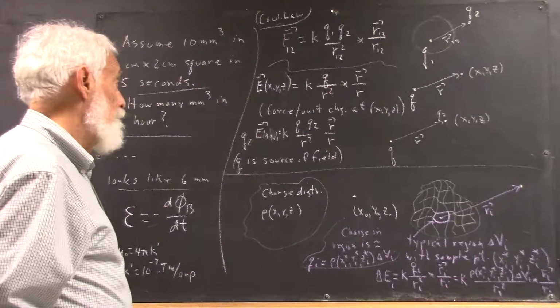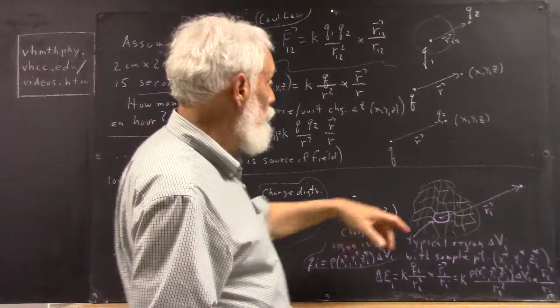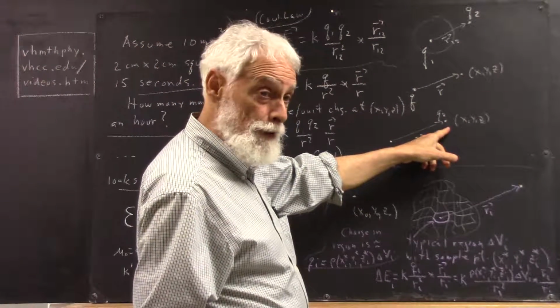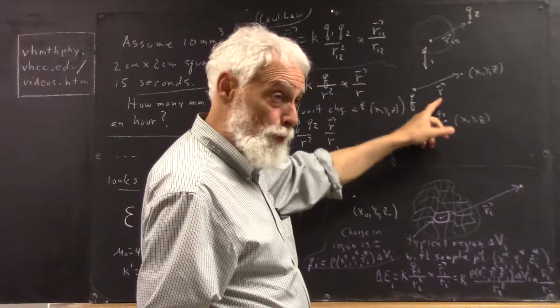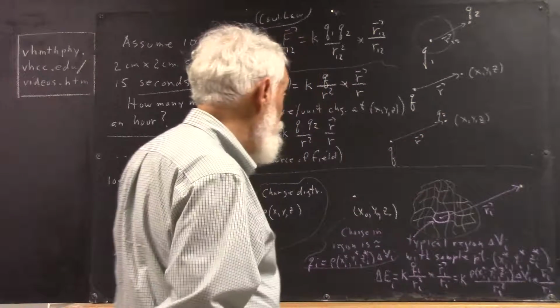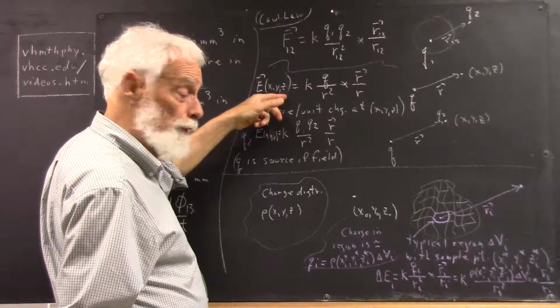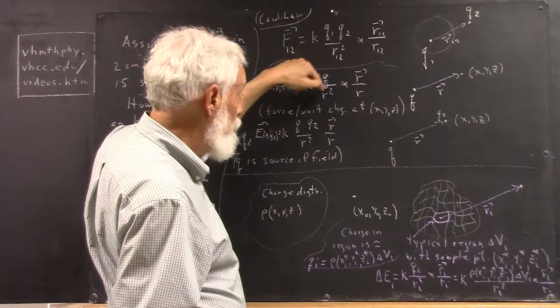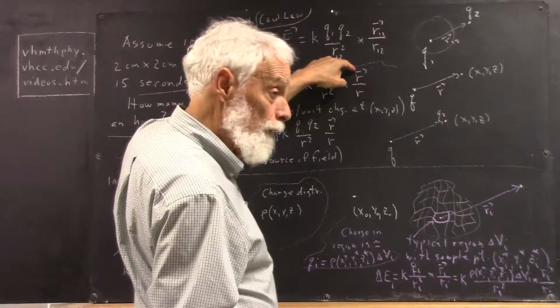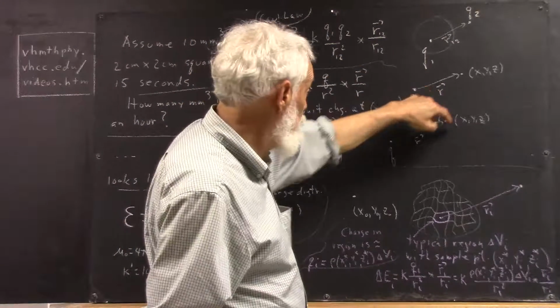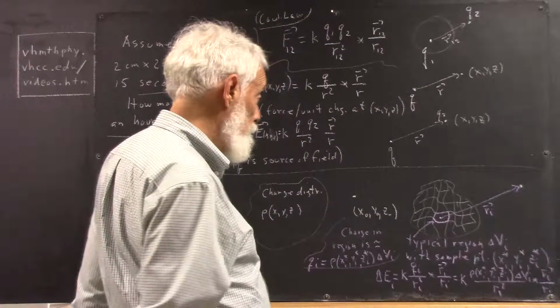Now it should be obvious then that if you throw a charge, say Q2, into this point, if you put a charge Q2 here, then if you multiply this by the electric field, you get K times Q, Q2 over R squared, times an R vector that goes from Q to Q2 divided by the magnitude of that vector.